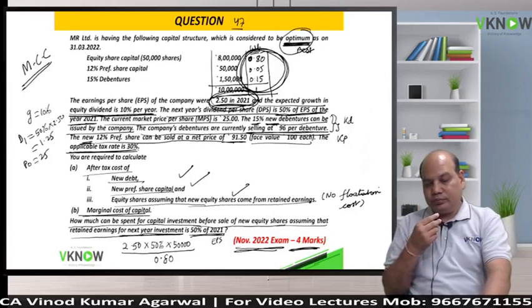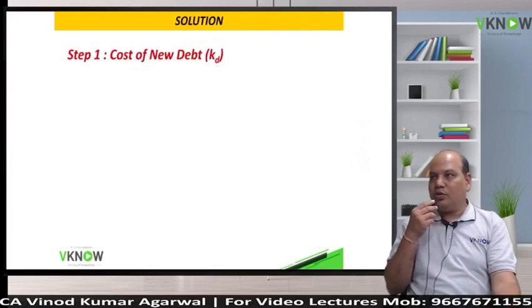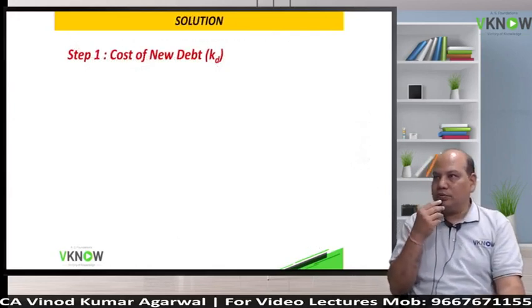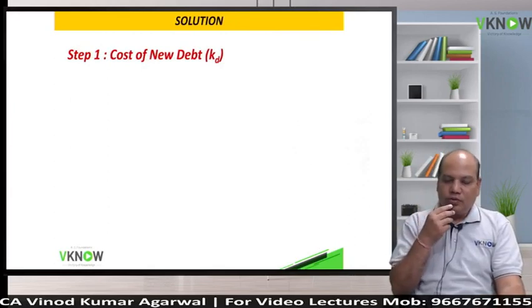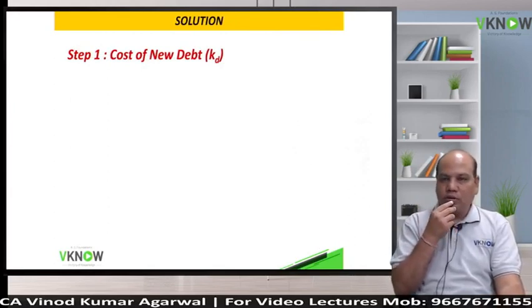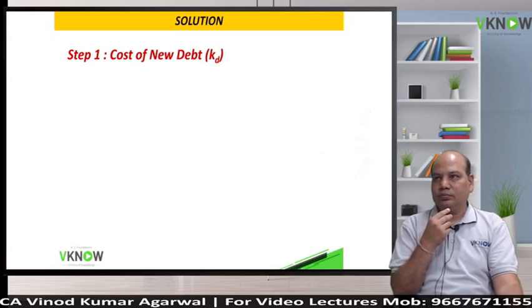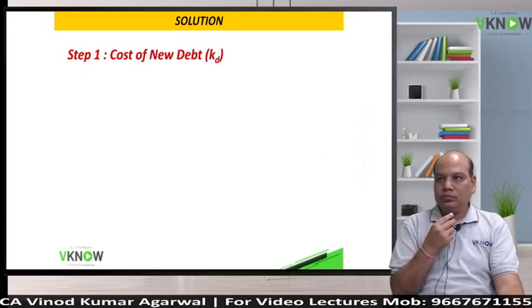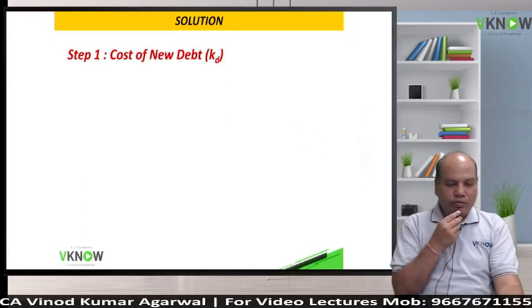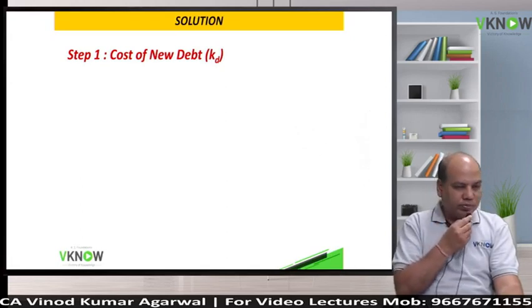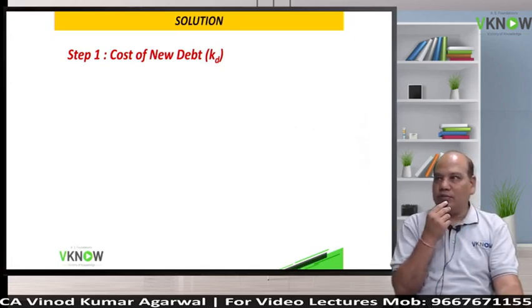Similar question is given in your study material of the institute also, and they've asked in the exam also. Let us solve in the notebook. Please write down, because such questions are getting asked in the exam.